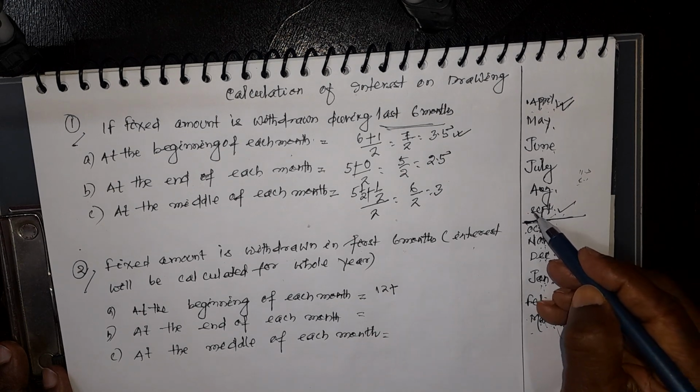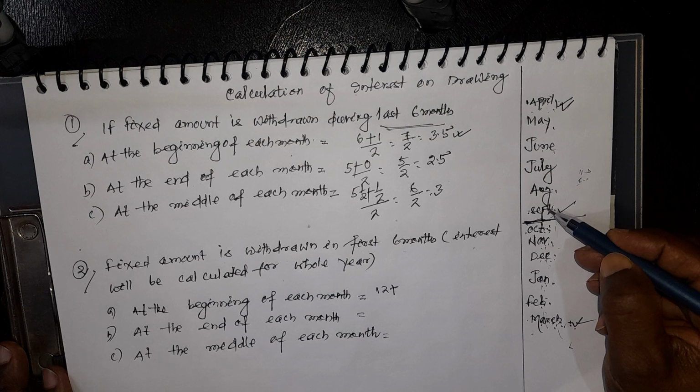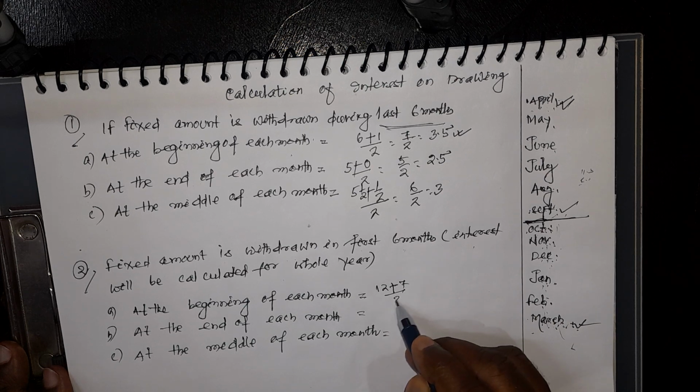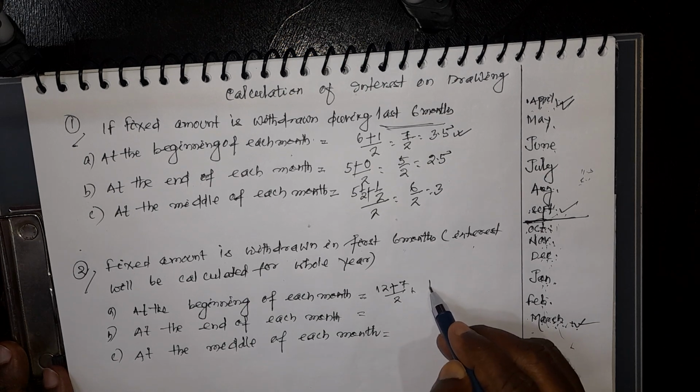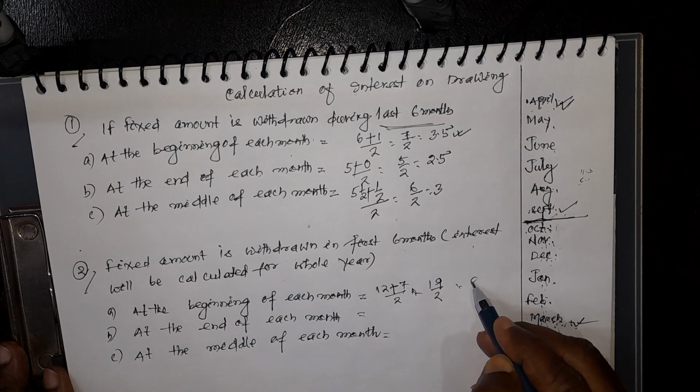What is the last drawing? That is September 1st. From September 1st, how many months? September also you will include, because it is September 1st. So it will be 7. So 12 plus 7, it will be 19. 19 by 2, it will be 9.5.